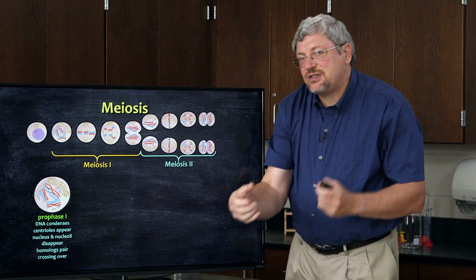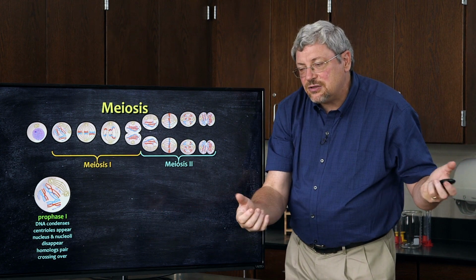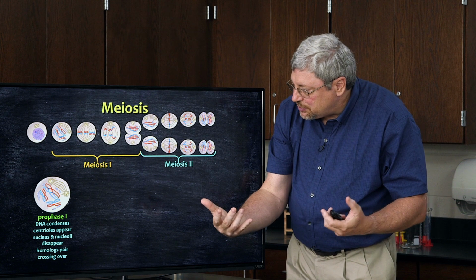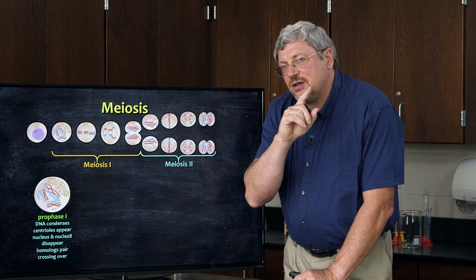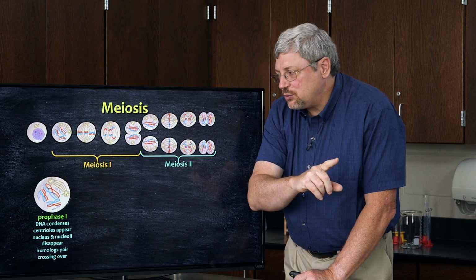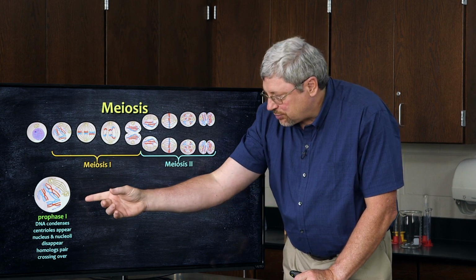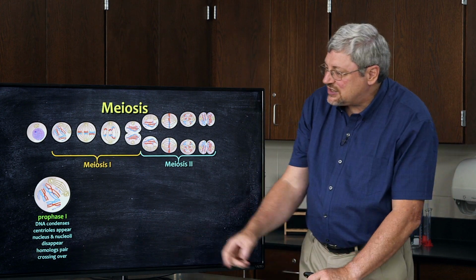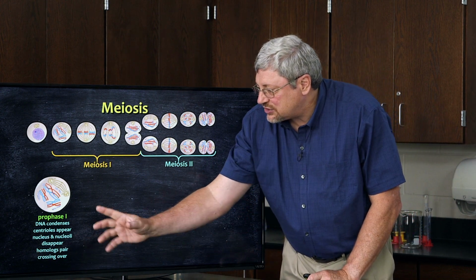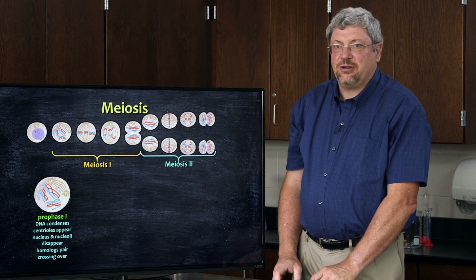The nuclear membrane disappears. The nucleoli disappear. There's one thing that's different about meiosis 1, and prophase 1 in particular, than what we find in mitosis, and that is that homologous chromosomes pair with each other.